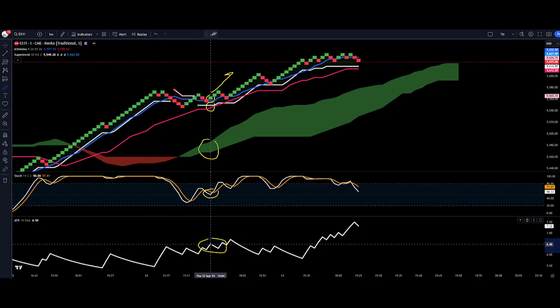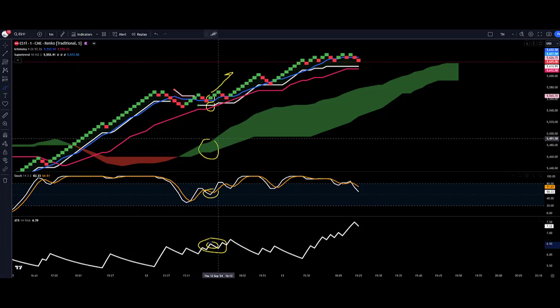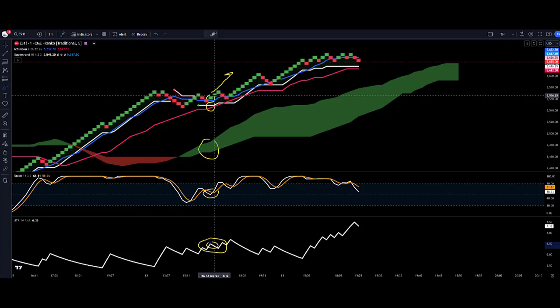And at the time the ATR is roughly $6.50. So for stop loss, we're taking a 1.5 ATR. So we're talking just around about $10 maybe as our stop loss from our entry point, which in this trade was around about 5567. So we're looking at 5556.